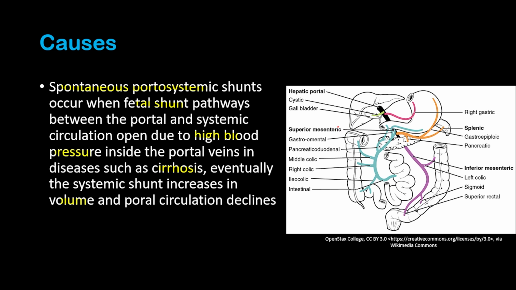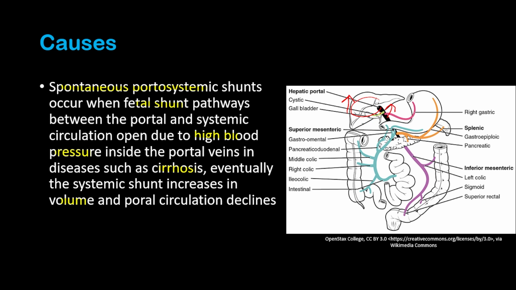Now, in chronic liver diseases such as liver cirrhosis, the liver would undergo fibrosis, and this would lead to the resistance to the blood being high inside the liver. And since we have high resistance inside the liver, we will have higher pressure inside the portal vein in order to get the blood into the liver and out of the liver.